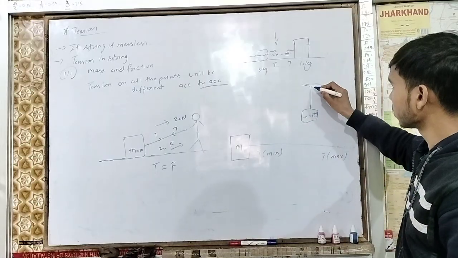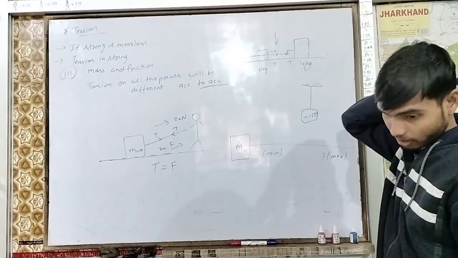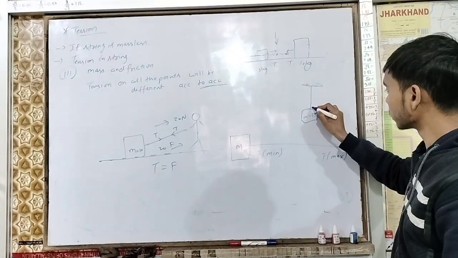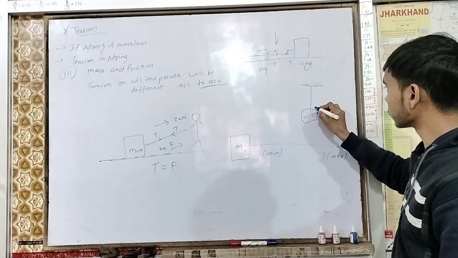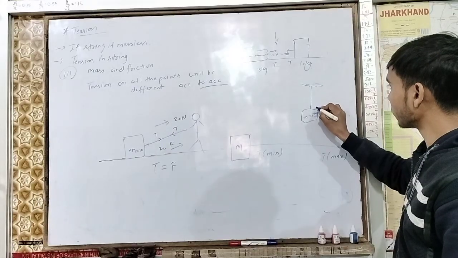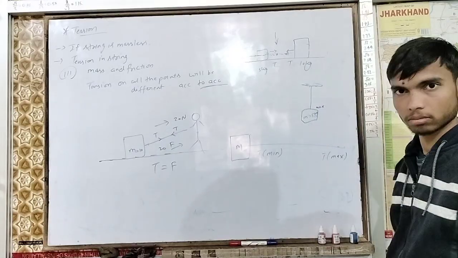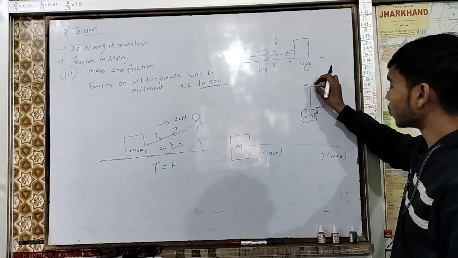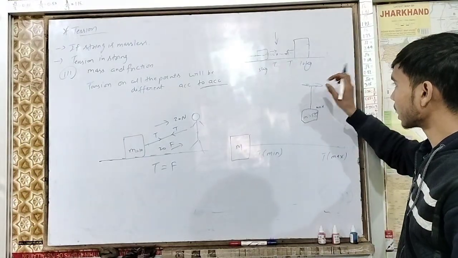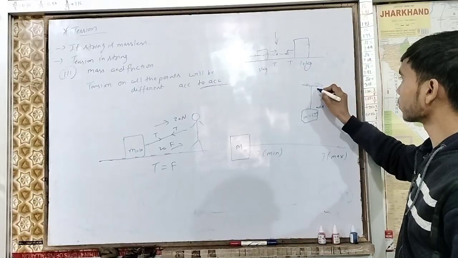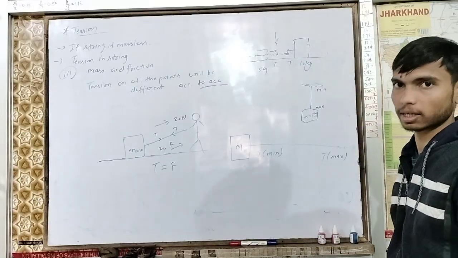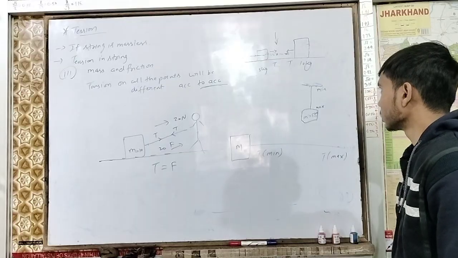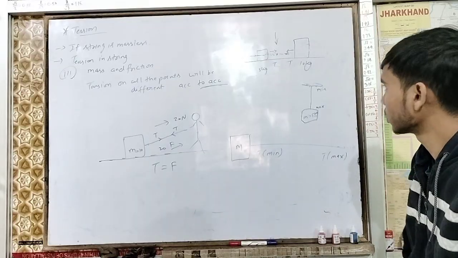What is happening over here? Here we can even get a feeling: at the end our tension will be maximum, but at the starting points the tension force will be minimum. This is a fact. Clear?